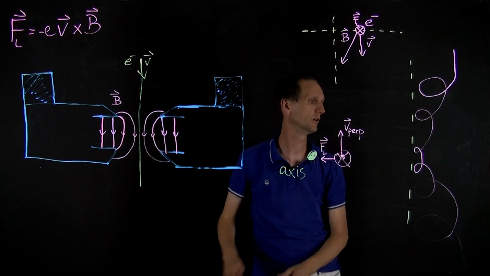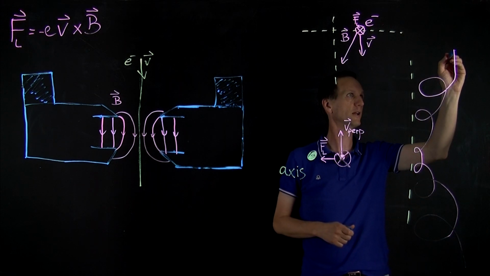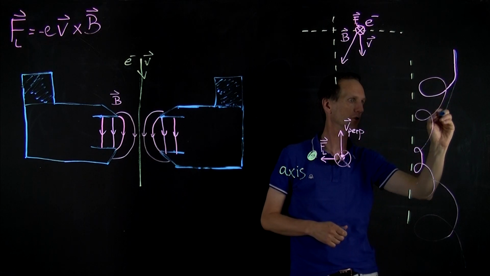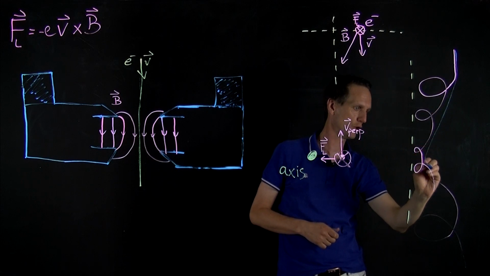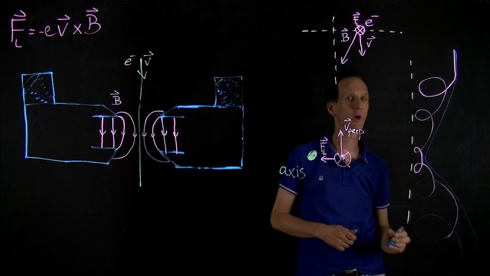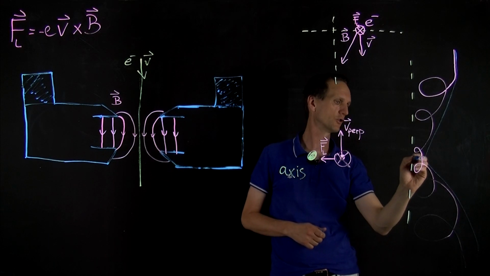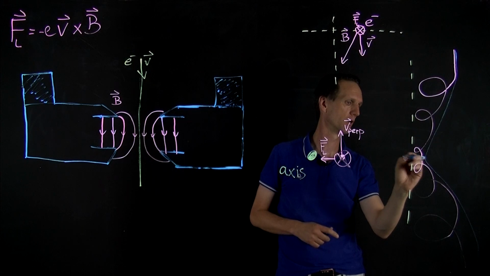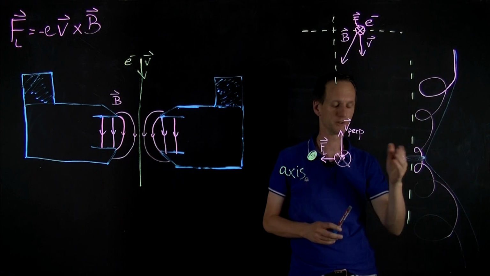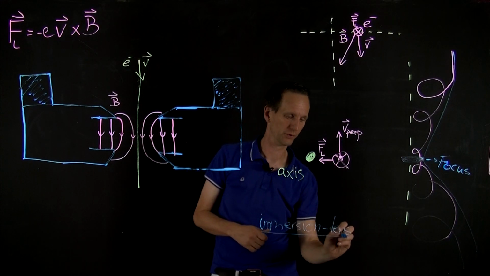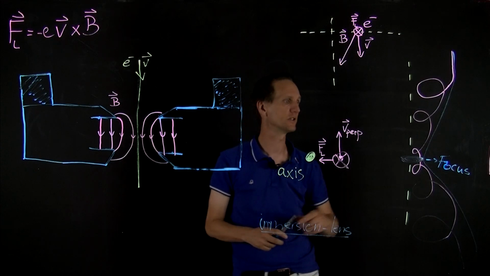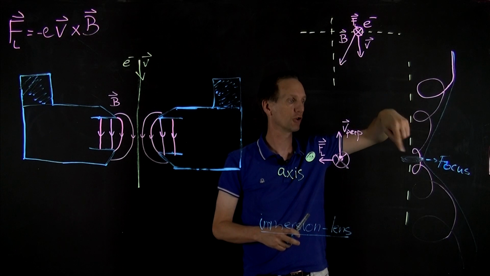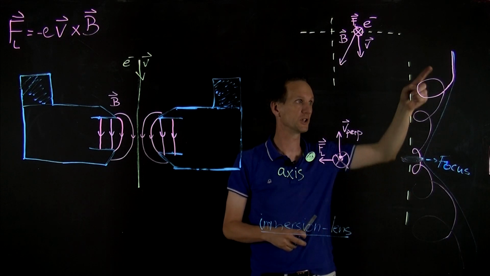And then we see, in this case also, the net effect of the electron is a movement towards the optical axis and away from the optical axis. So a focusing of the electron beam towards the optical axis. Note also that typical for magnetic lenses is the spiraling circular motion that we see in this trajectory.